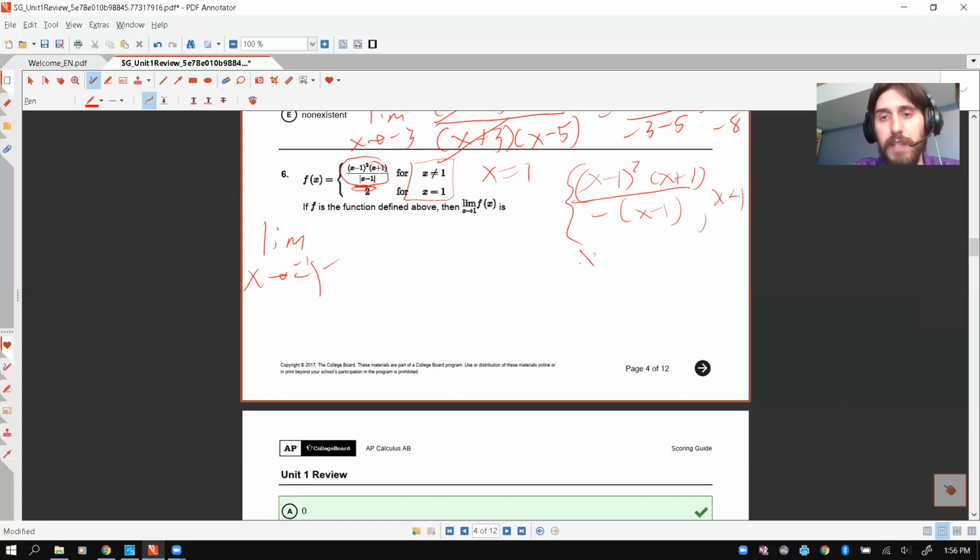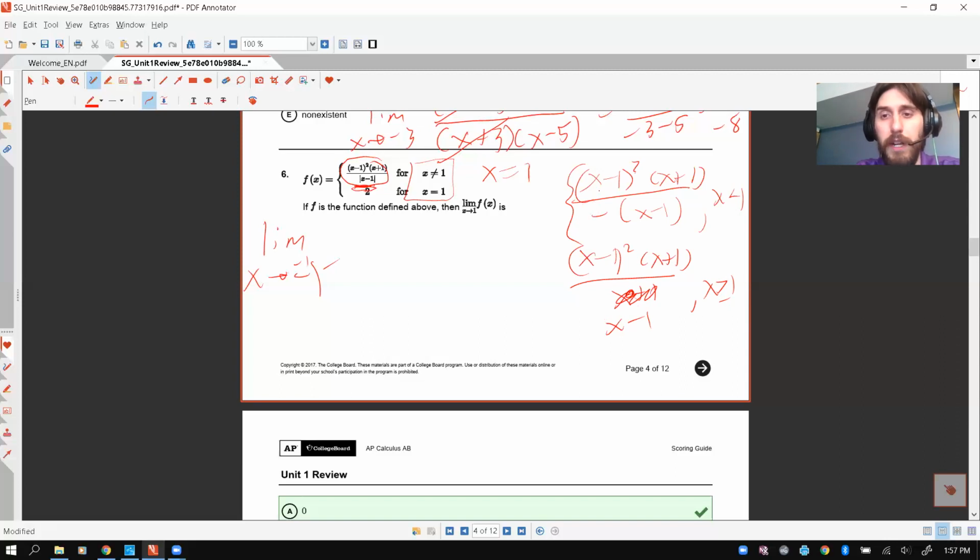And it's just the actual function, (x minus 1) squared times x plus 1 over x minus 1, when x is greater than or equal to 1. At greater than or equal to 1, it's 0 or a positive number, and the absolute value doesn't do anything. At less than 1, all you have to do is put that negative sign in there, because all an absolute value function does is take a negative and turn it into a positive.